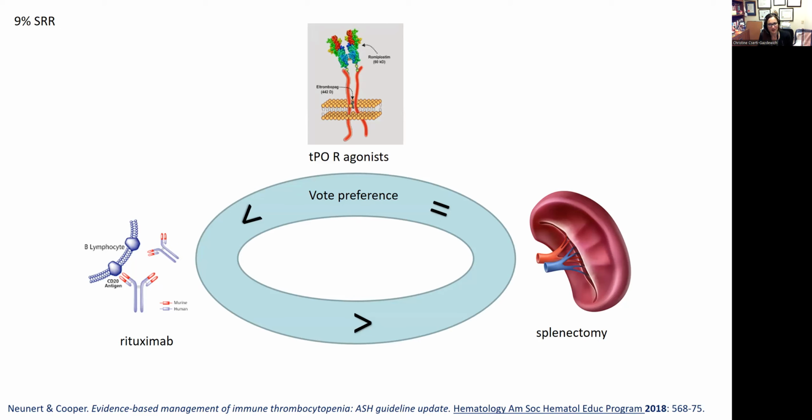We chase them with vaccinations to mitigate that risk. TPO receptor agonists are favored over rituximab, but really in our healthcare system, this is a grab for whatever you can get compassionate access to.